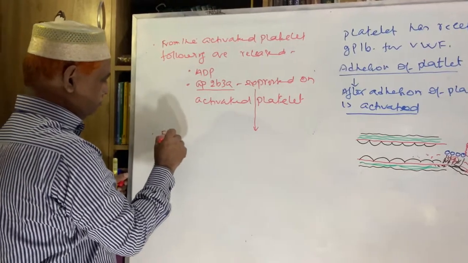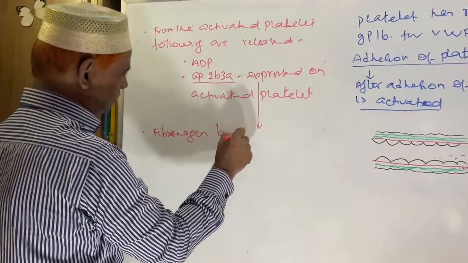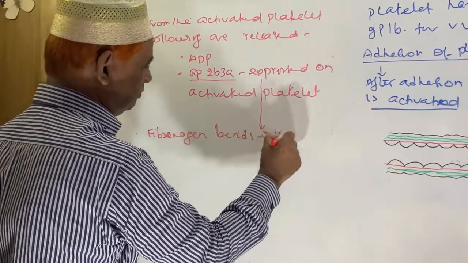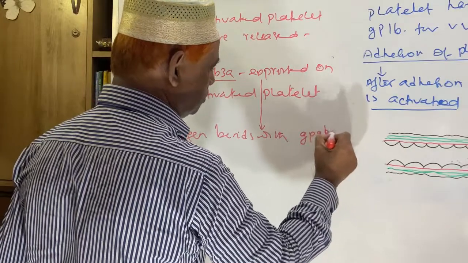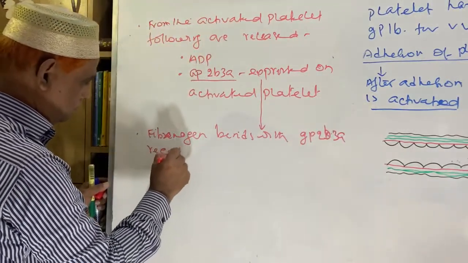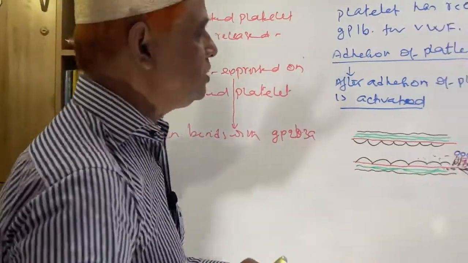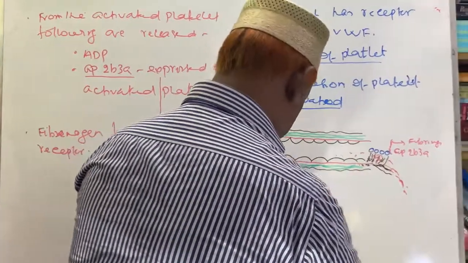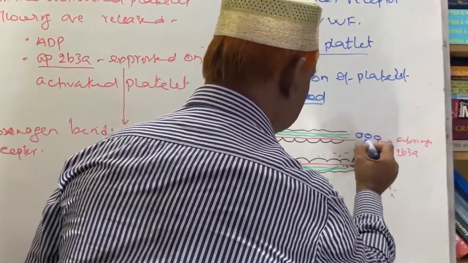Fibrinogen binds with GP2B3A receptor, and this fibrinogen cross-links with the other platelets.